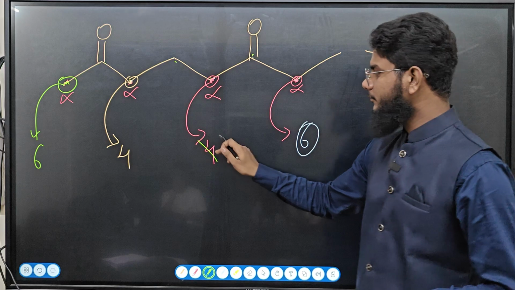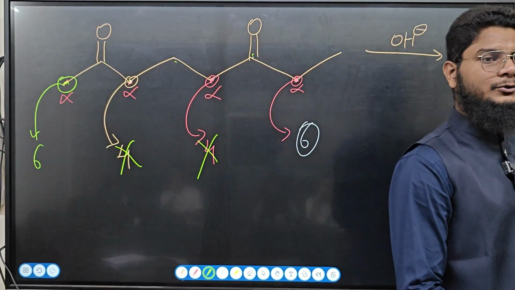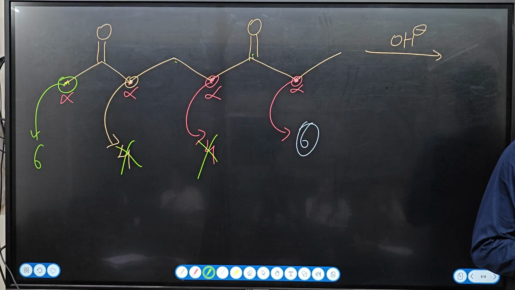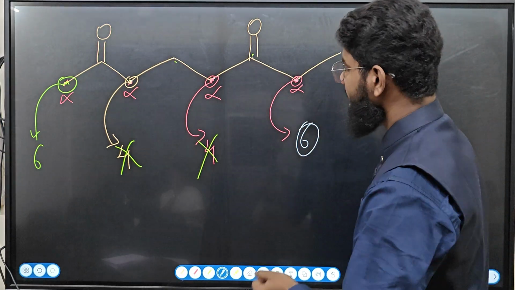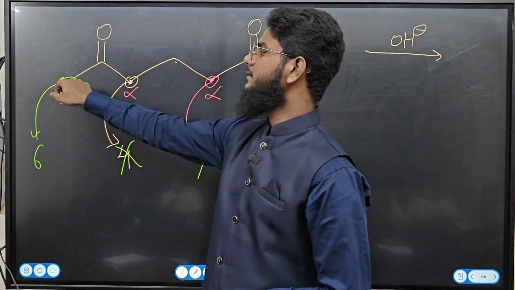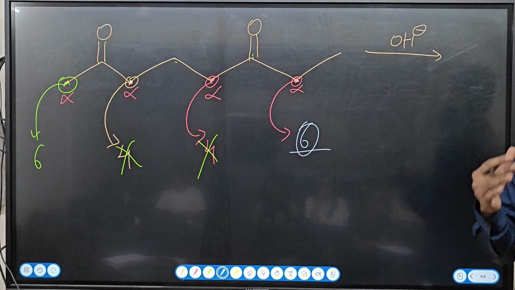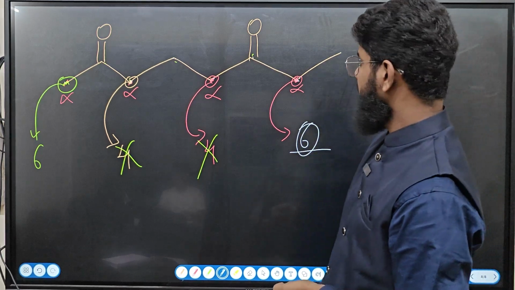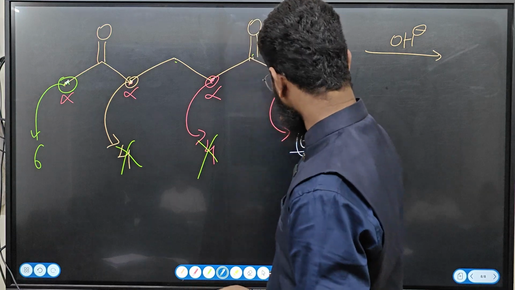We don't consider the 4-member because we have a better option, and everyone chooses the better option, right? In all cases, right? So you can consider this alpha as well as this alpha. Okay, and in both cases you will get different products. So first choose this alpha, and then this.